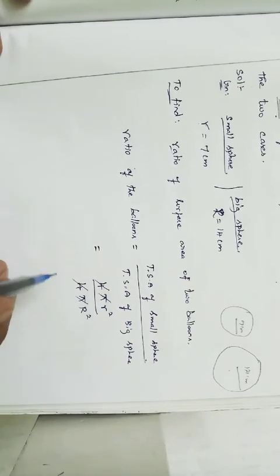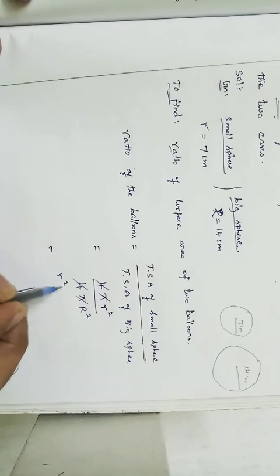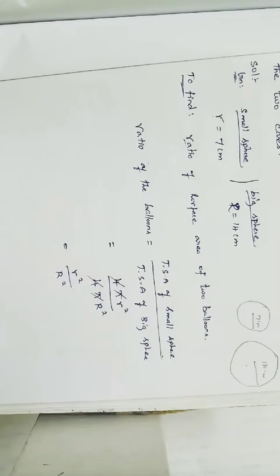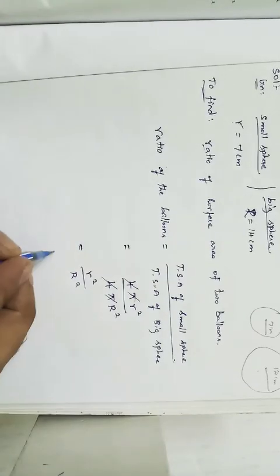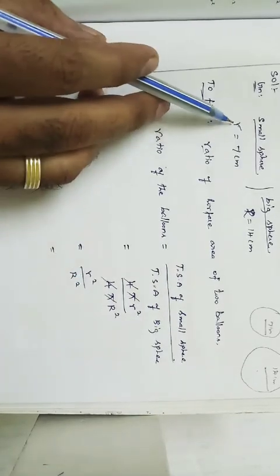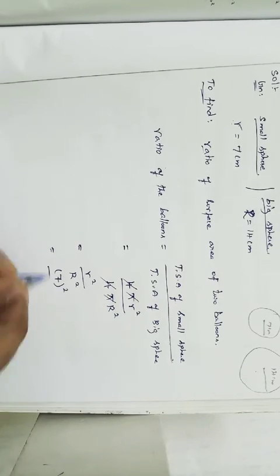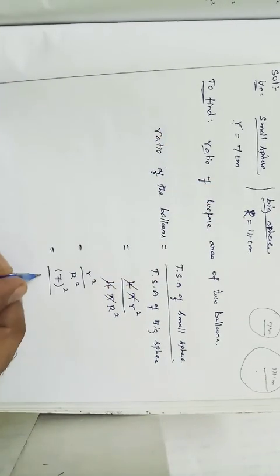What remains in the numerator and denominator? Small r square divided by capital R square. So what is the value of small r? 7, so 7 square, divided by capital R, which is 14, so 14 square.